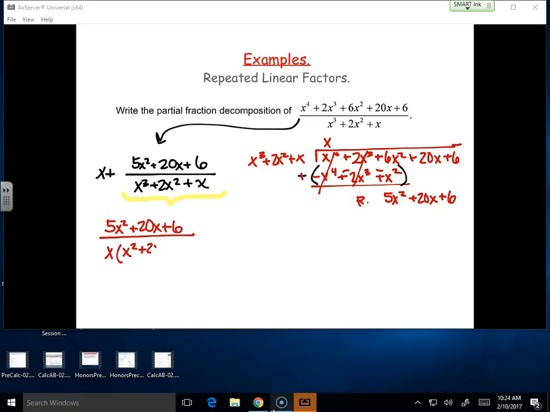Now why am I erasing this guy? Because I can factor more and say, oh, he's x plus 1 quantity squared. Or if you want, you could technically do x plus 1 times x plus 1. If that helps, you can do x plus 1 times x plus 1. That's not a pretty way of writing it, but it will work for now.